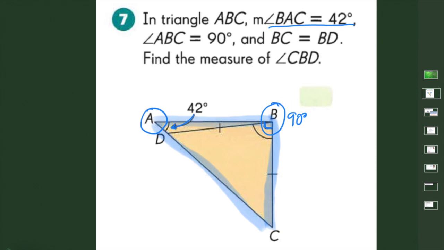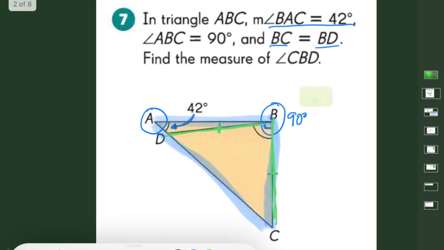And the other thing it tells us is that line segment BC is equal to line segment BD. So I like to highlight this so we can see line segment BC. BC is equivalent to BD, and we have those single tick marks to show us that those two side lengths are equal.